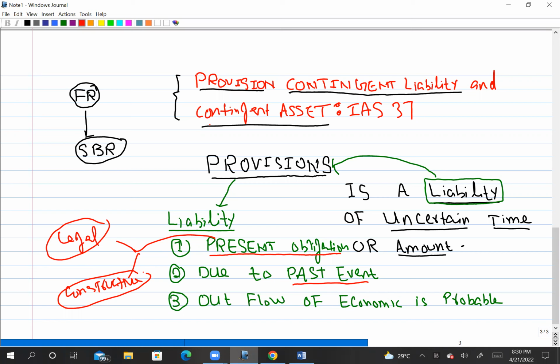Past event is also known as obligatory event. The event due to which today we have a present obligation. Now, let me give you an example to explain the definition. Let's take a scenario. For example, we have a catering company.